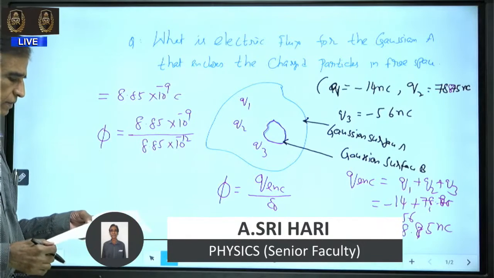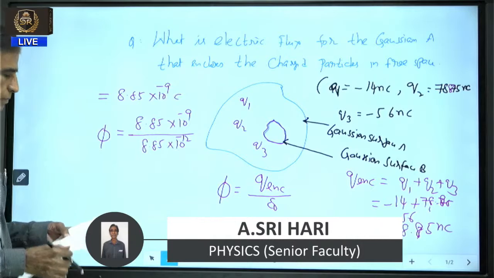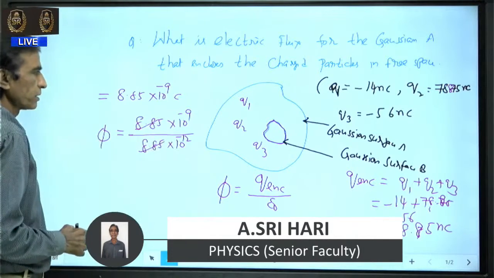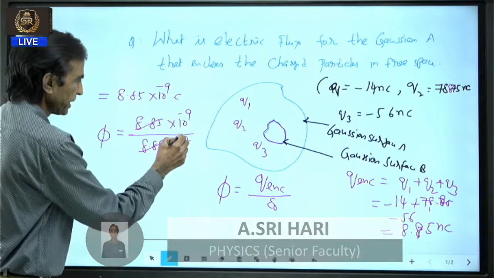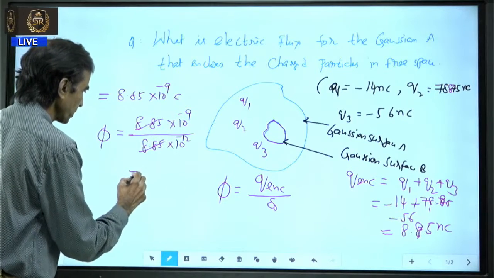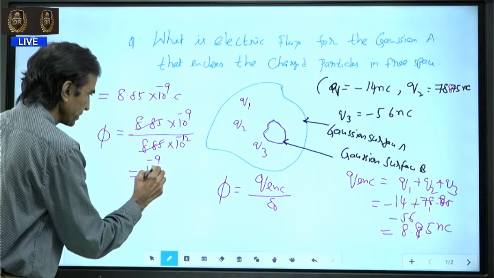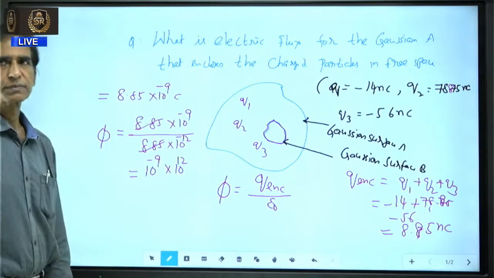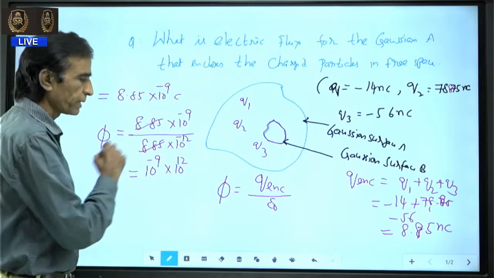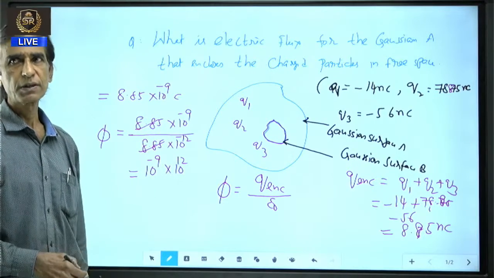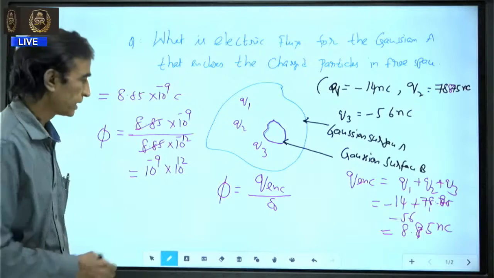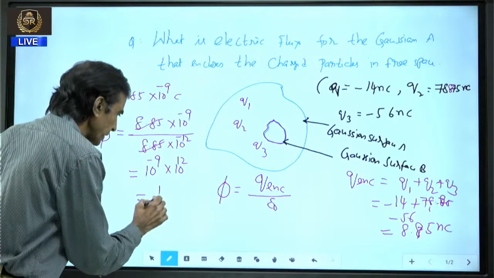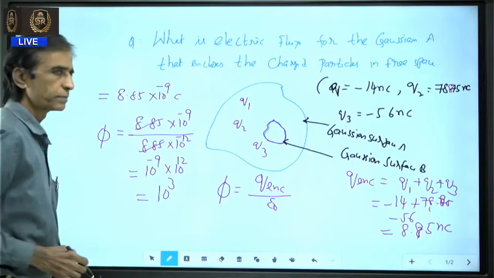The 8.85 cancels. 10 power minus 9 into 10 power plus 12, since in the numerator it becomes plus. Then our value is equal to 10 power 3.